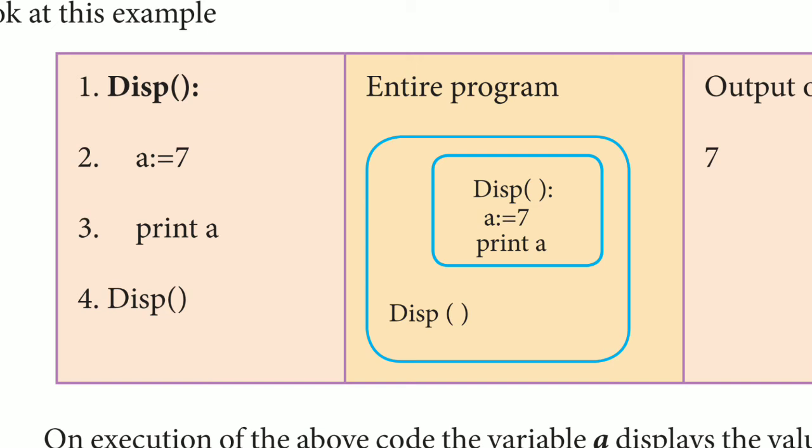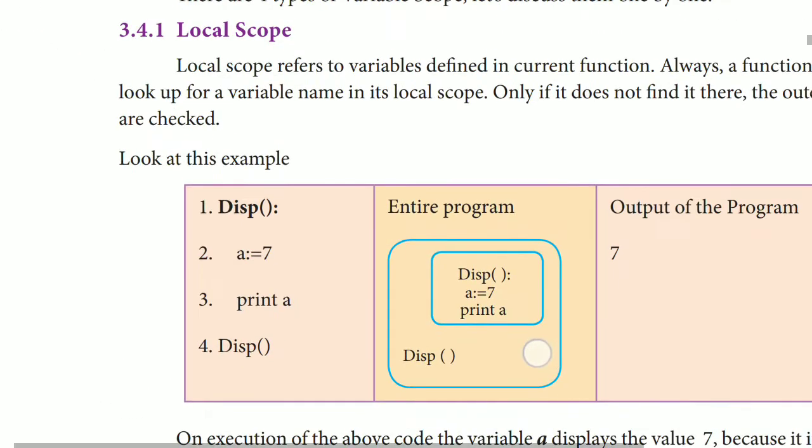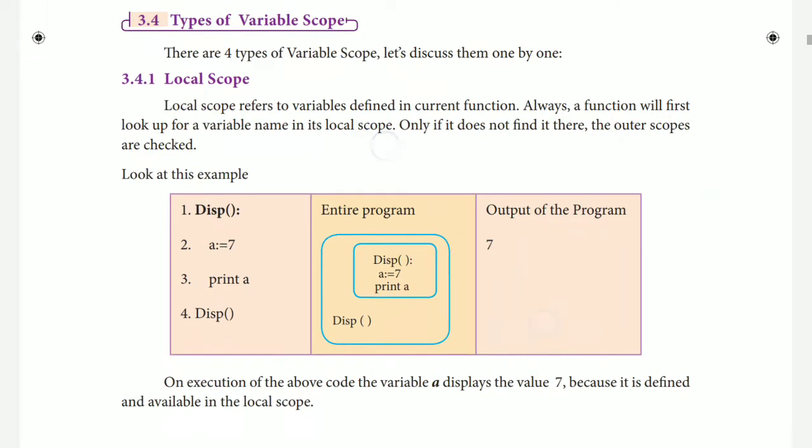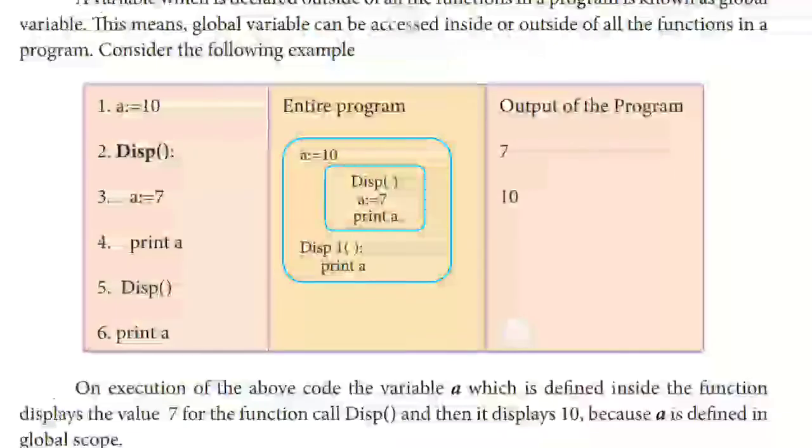Here you can see that they are calling the disp function outside the function. So this a is equal to 7 is a local value that can be accessed only inside this disp function. So this is known as local scope.